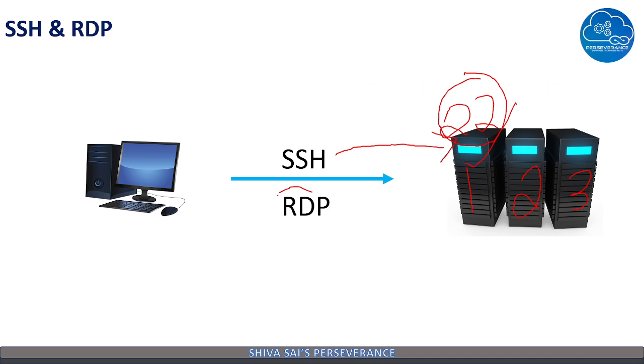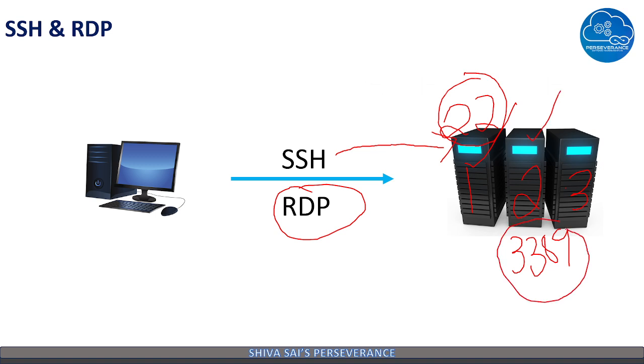Now RDP is the port to talk to Windows, so on Windows we need to allow 3389, so that anybody from anywhere can talk to this server via this port.